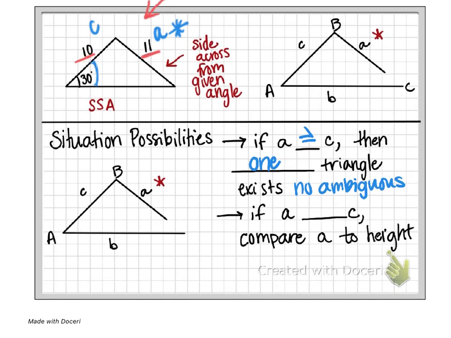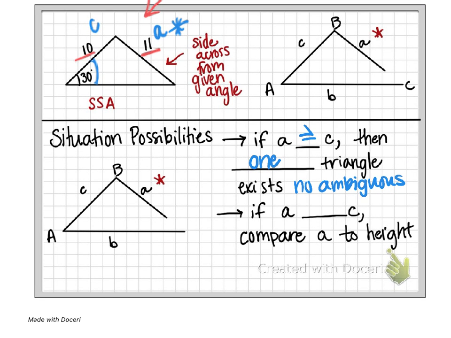Now, if A is less than C, so if this side here is shorter than your sort of fixed side that you wrote in, then we have to do some more checks. So we compare that side A to the height of the triangle. And to find height, this is on the next slide too, but I'm going to put it here.